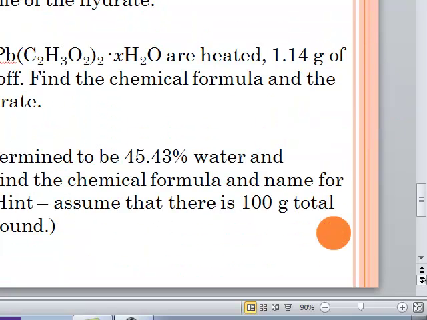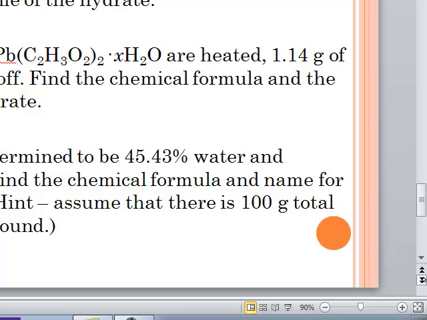So let's take a look at 3 problems posted here, and those are very common problems involving calculation of hydrates. Try to apply the knowledge you just gained, the process.